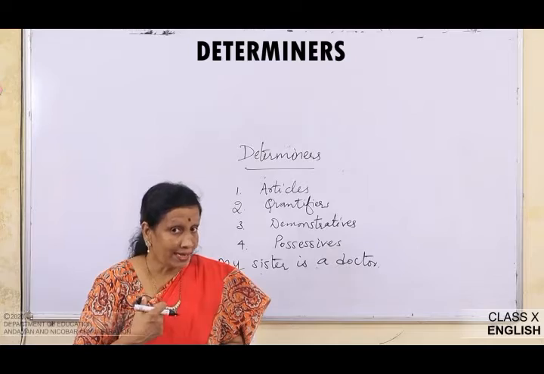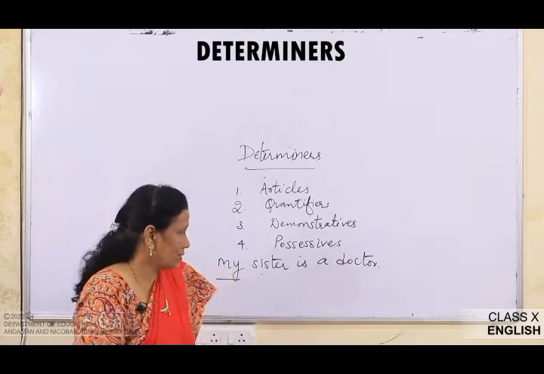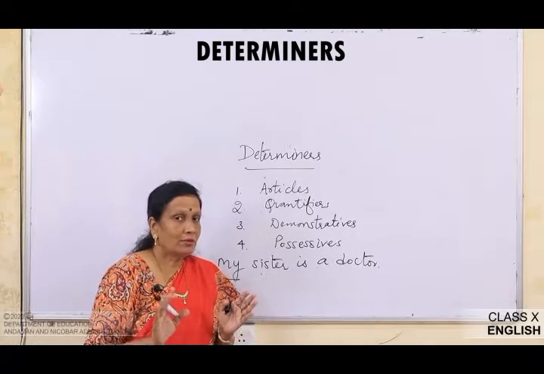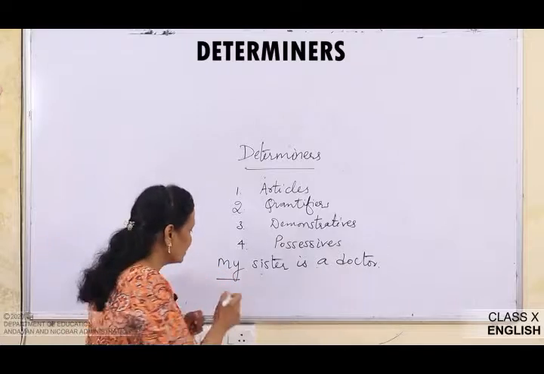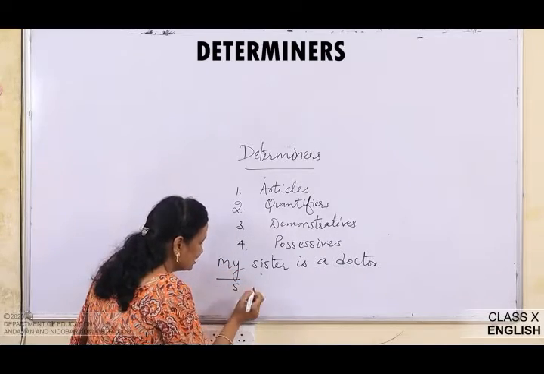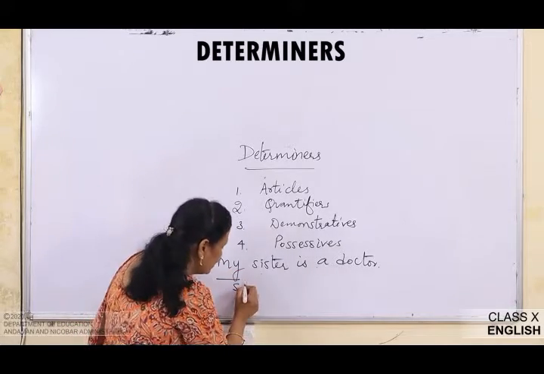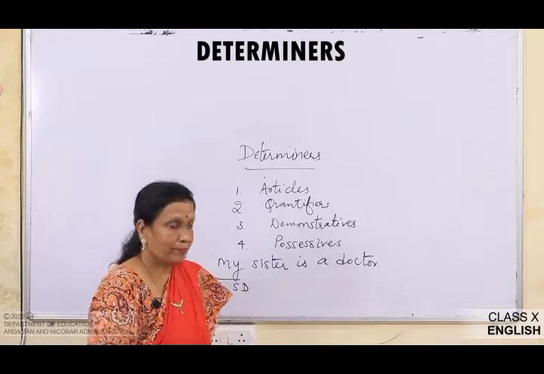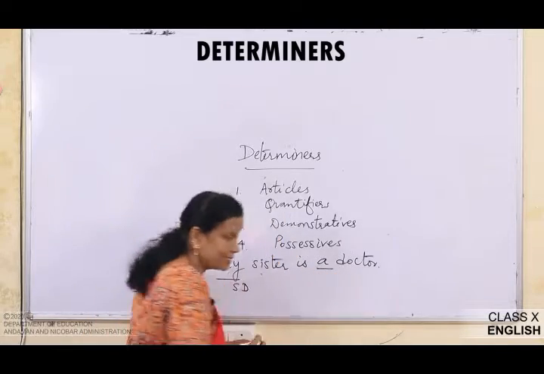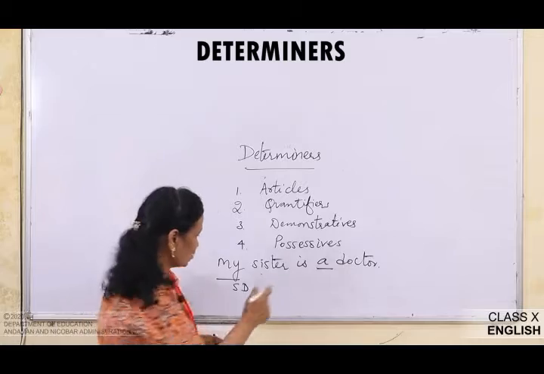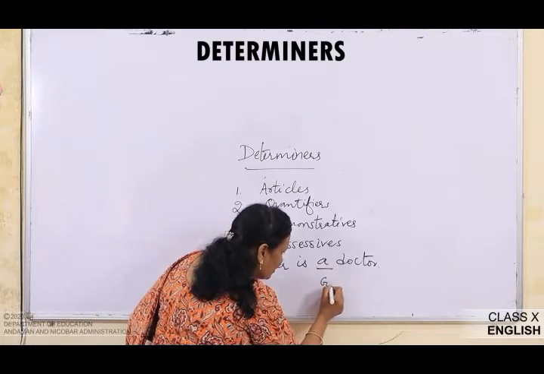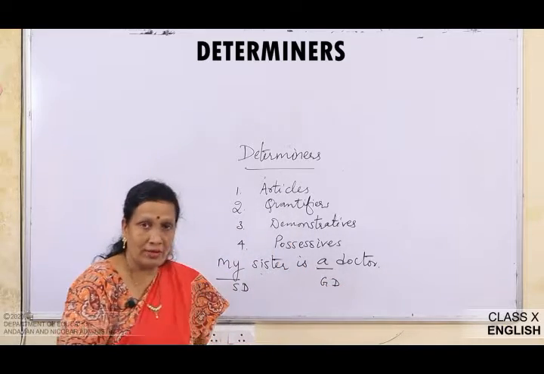I am talking about a specific sister. So, this is a specific determiner, and here a is a doctor. So, a is also a determiner, but it is a general determiner.